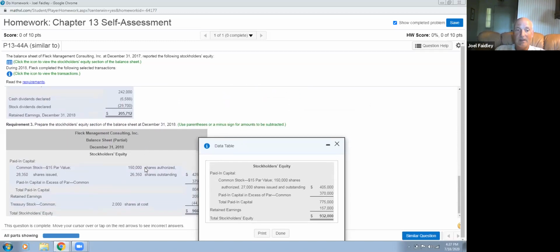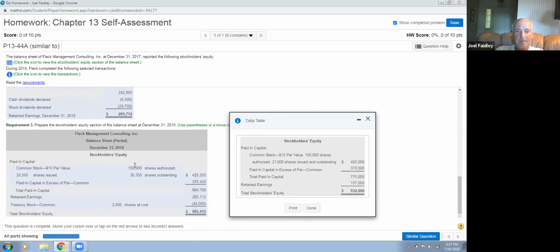All right, and then what does my balance sheet look like for my equity? 150,000 shares authorized. There's my 26,350 outstanding. There's what's been issued. The 28,350 versus 26,350 is the 2,000 shares of treasury stock.